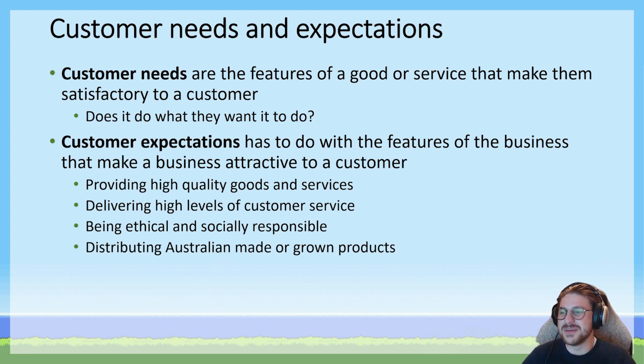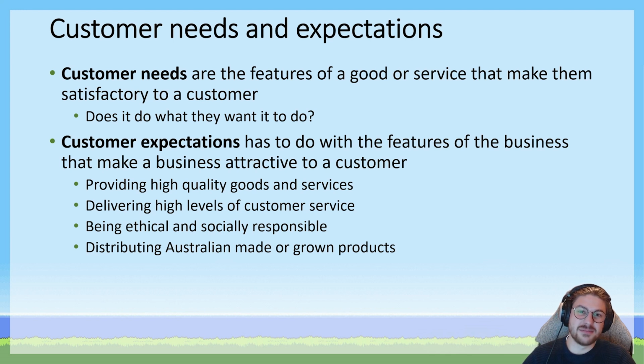When it comes to customer expectations, these are often extraneous or extra to the need. The need is the core fundamental principles of whether or not the product or service is fit for purpose. The expectations have to do with quality, and with the level of customer service that the customer receives.